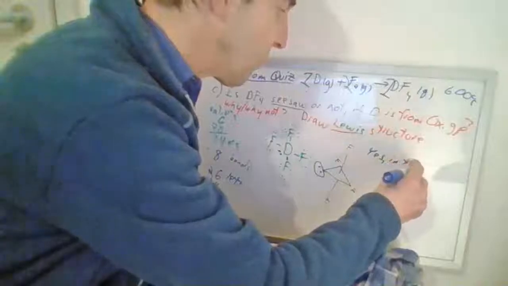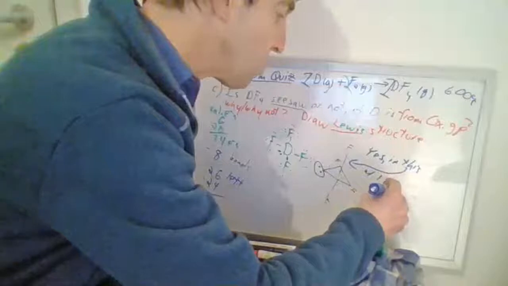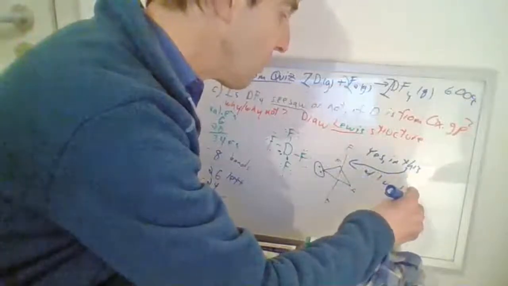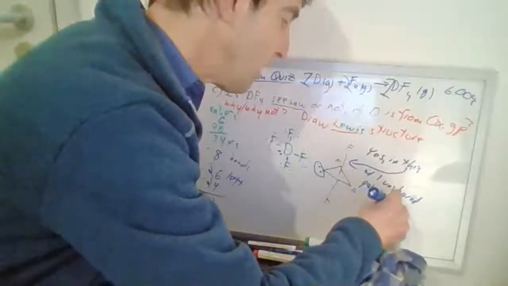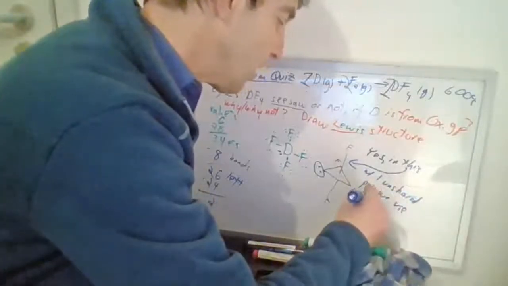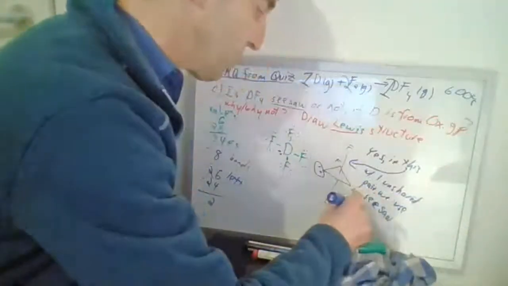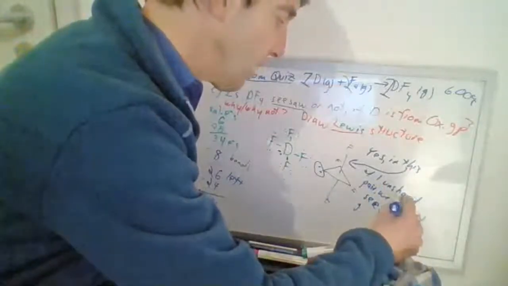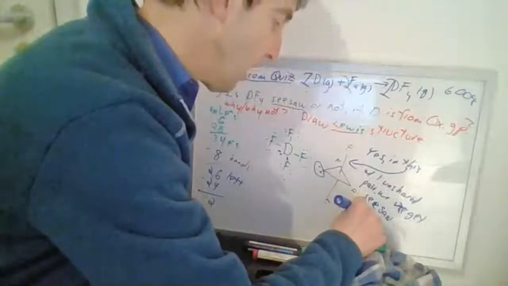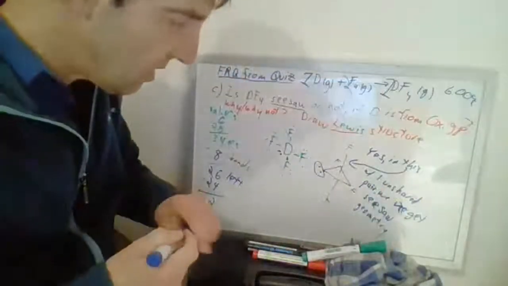In this, with 1 unshared pair, we use seesaw geometry, or seesaw shape of molecule, however you want to say it, okay?